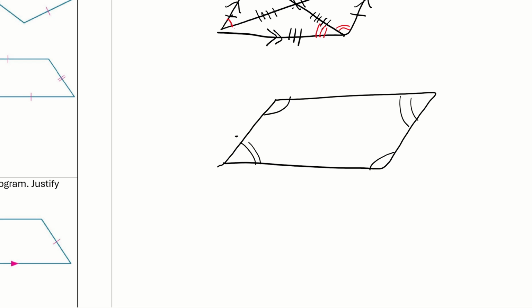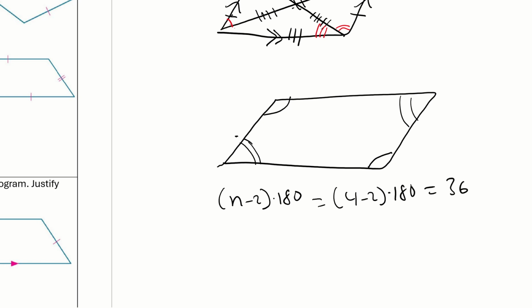So first off, we've got these opposite angles that are congruent, and we know that the angles in a parallelogram add up to 360. That's because of this formula, n minus 2 times 180, right? So we get 4 sides minus 2 times 180, and that's going to give us 360.